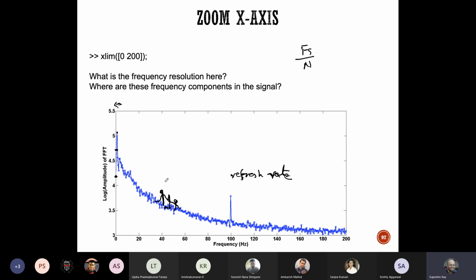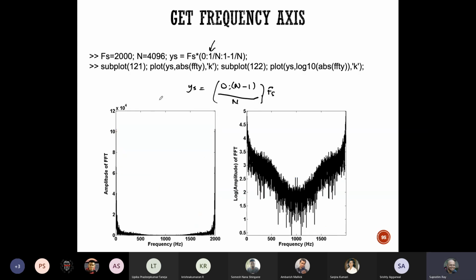What does the frequency resolution depend on? This answer, by the way, is correct. This is the frequency resolution, and it's easy to see from this formula. YS is a vector of length 4096. The first point is 0. The spacing between any two points is Fs by n.